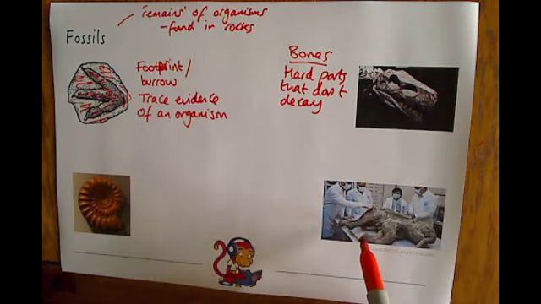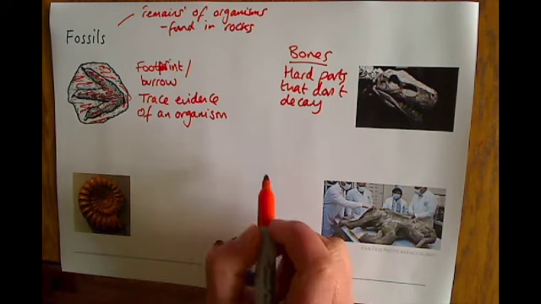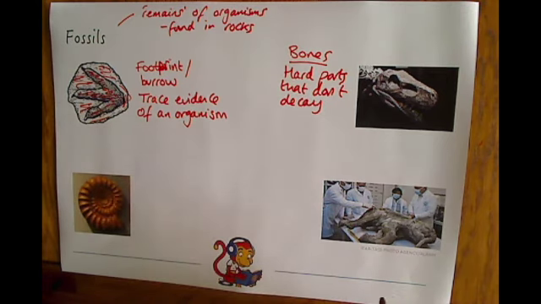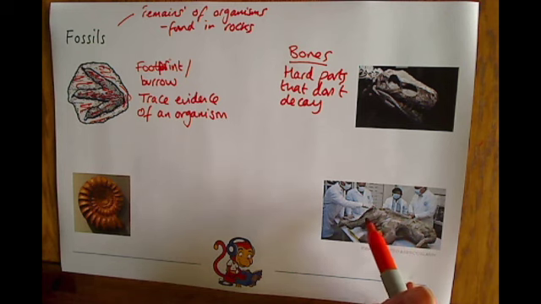As well as bones, you can find some fossils that have not decayed because perhaps a condition needed for the decay process wasn't there. For example, mammoths and things like that, when they get trapped in ice, then there is not the warmth and perhaps the oxygen available for decay to happen. So you get this whole preserved animal which has not decayed.